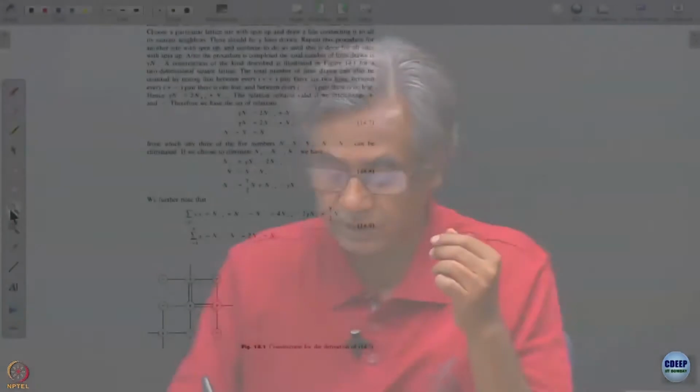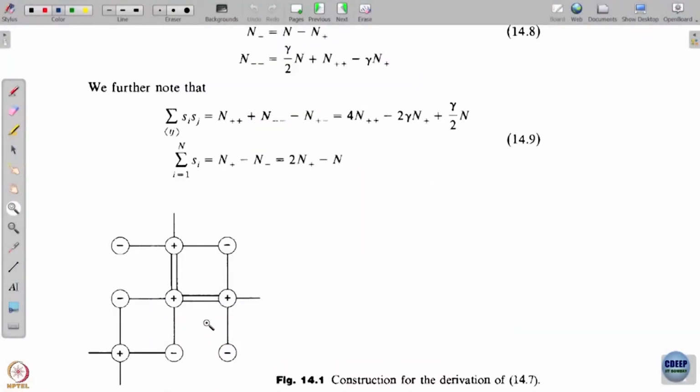So, the thing that we have already done is the decomposition, this construction of this table. The up spins are the plus, and whenever I draw a line, I draw it only from the up spins to all the nearest neighbors.